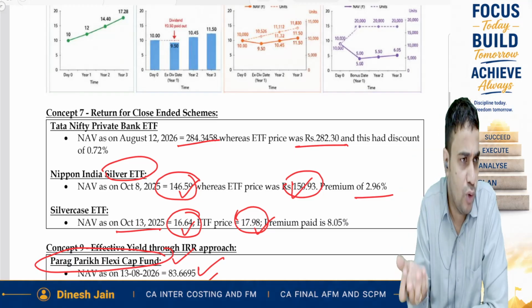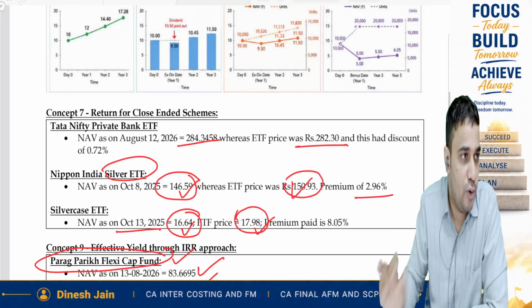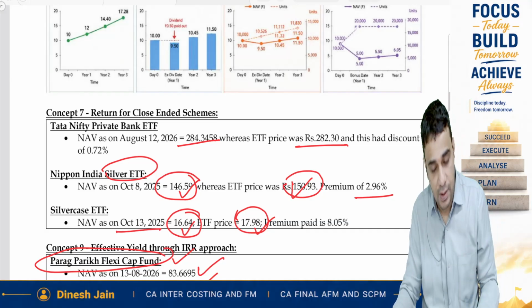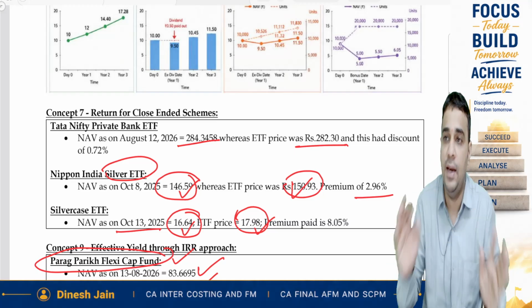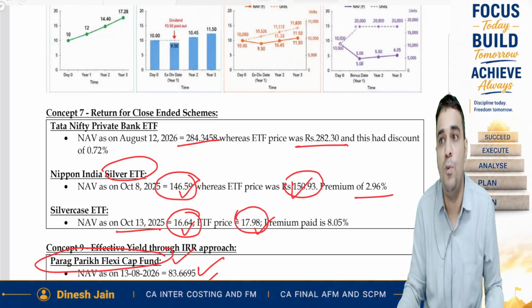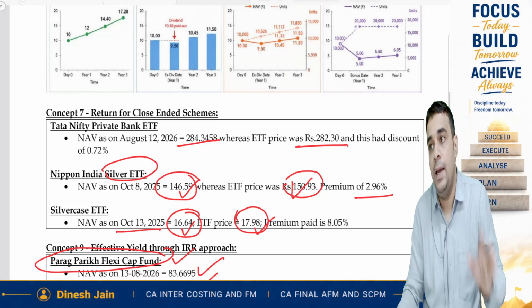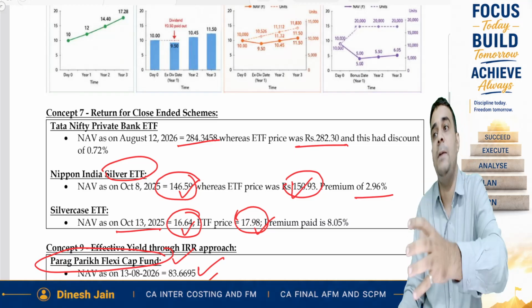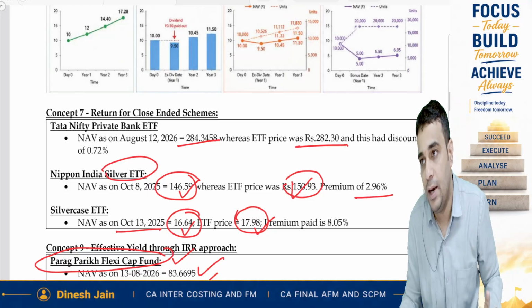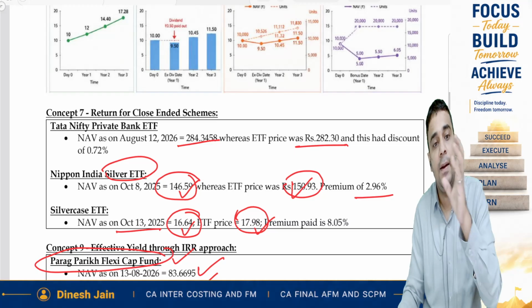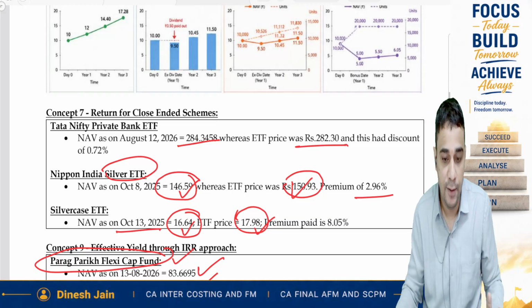It can be a discount also, it can be a premium also. So under a close-ended scheme, the formula is not NAV1 and NAV0, the formula is P1 and P0. NAV1 and NAV0 can be different, and price 1 and price 0 can be different.